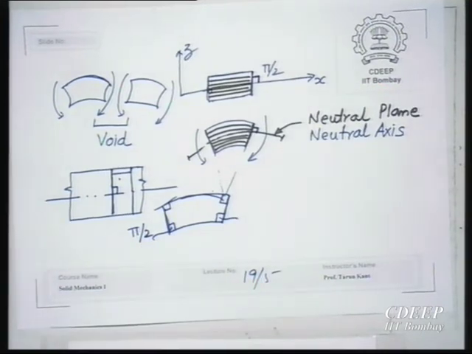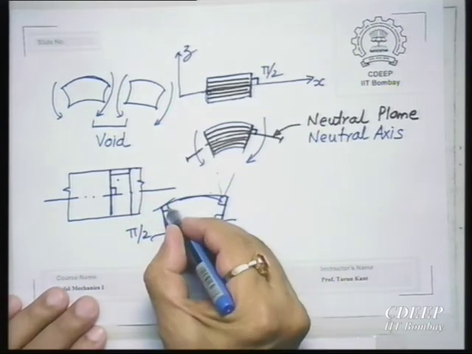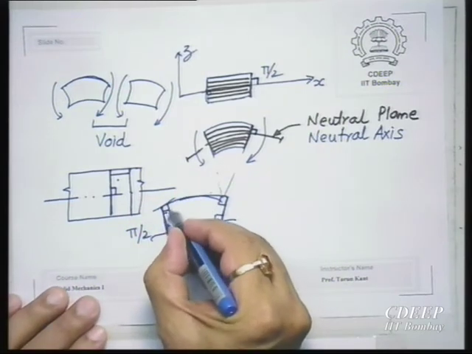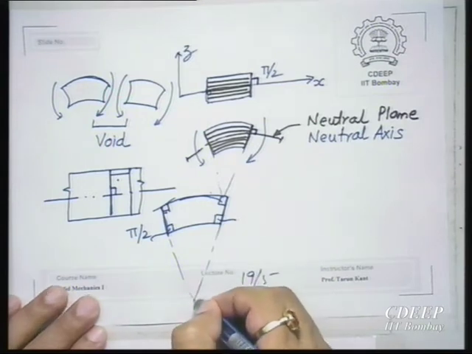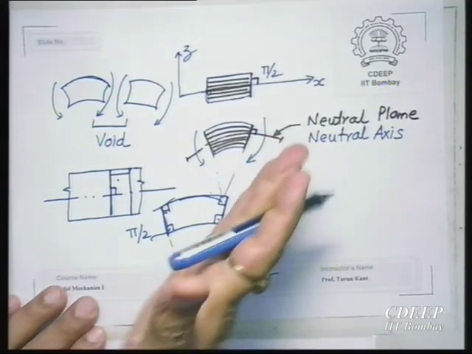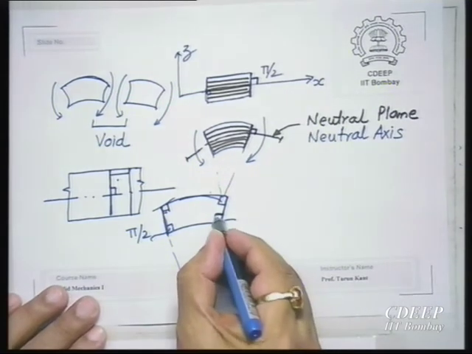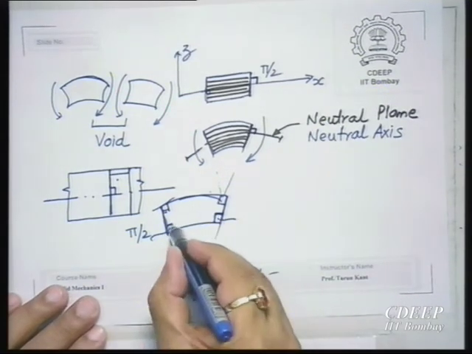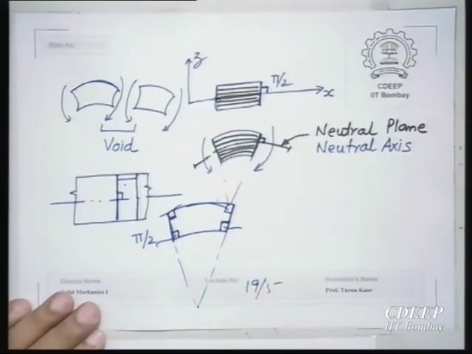There is a reason: this maintains 90 degrees, because only then can you extend it and have a circle. In order for the deformation to be like this, this must be 90 degrees.